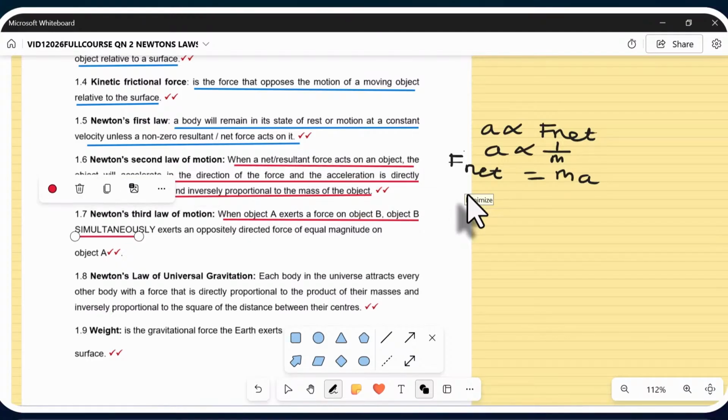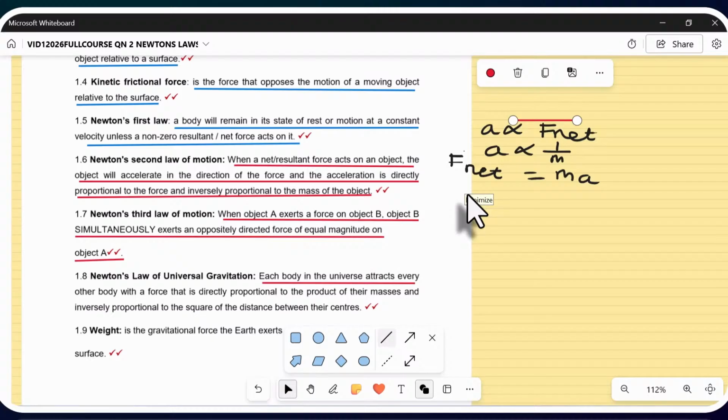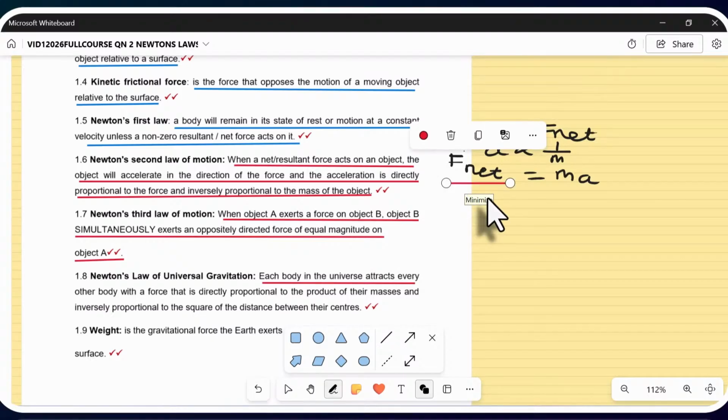And then I can also say, state Newton's law of universal gravitation. This is how we state it. We say that each body in the universe attracts every other body with a force that is directly proportional to the product of their masses and inversely proportional to the square of the distance between their centers.